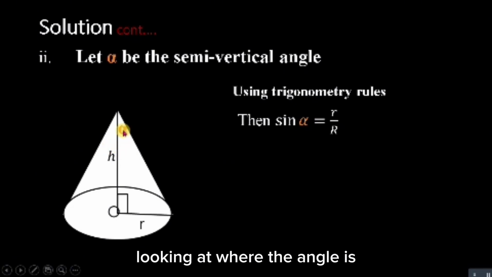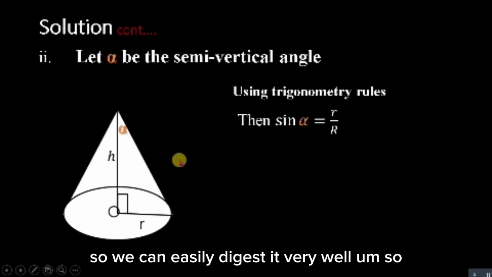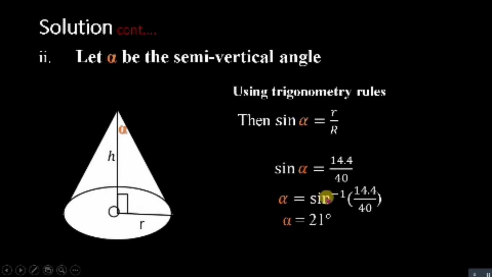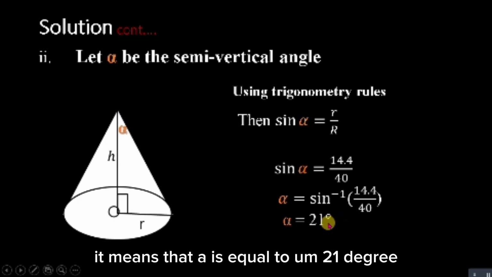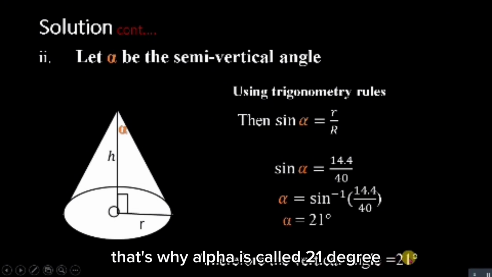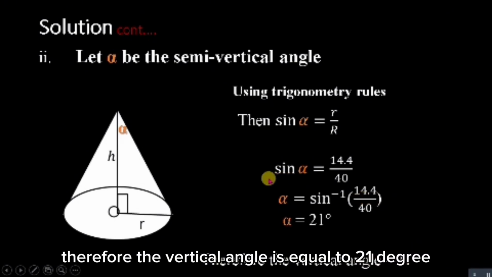We can simplify it by taking the inverse of sine. It means that alpha is equal to 21 degrees. Therefore, the semi-vertical angle is equal to 21 degrees. So we have already solved that part.